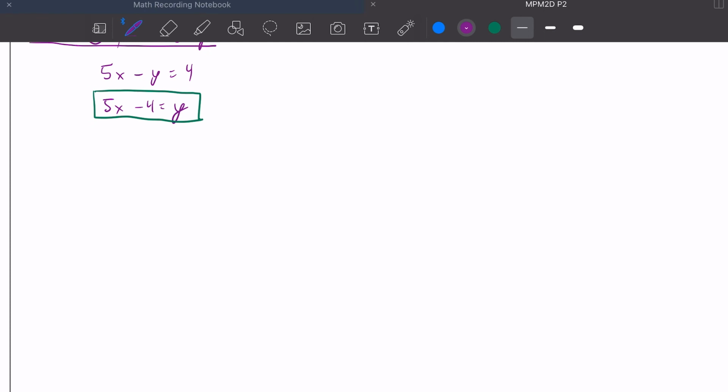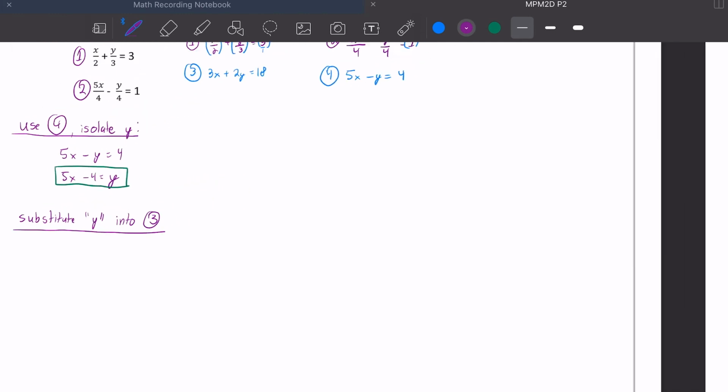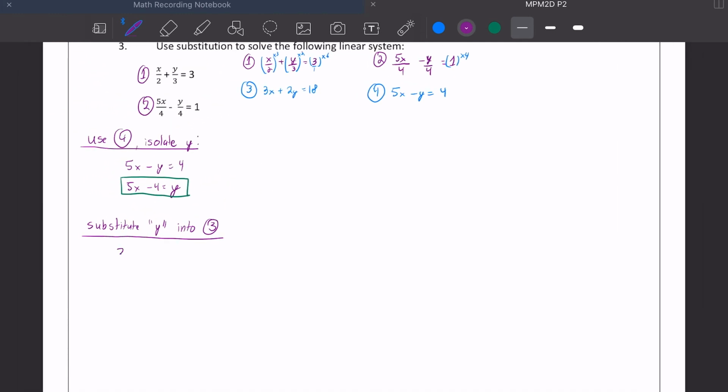So what we're going to do now is substitute our new y into equation 3. Our equation 3 is 3x plus 2y equals 18. And where y is, we're going to put in the expression that we found.